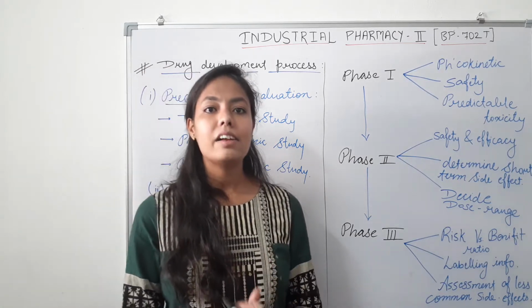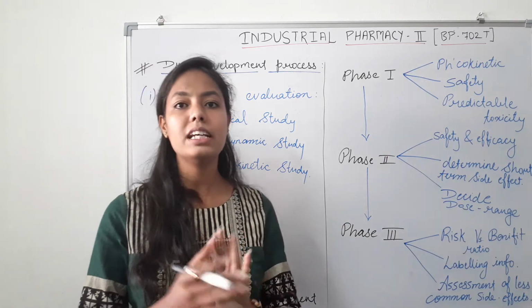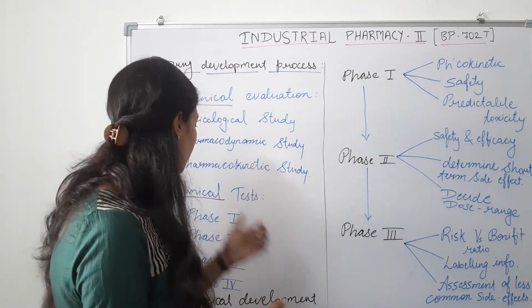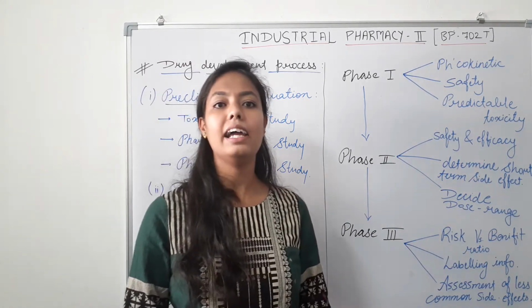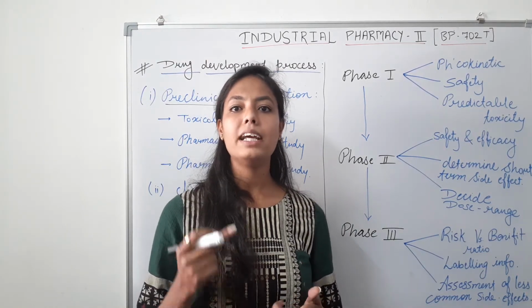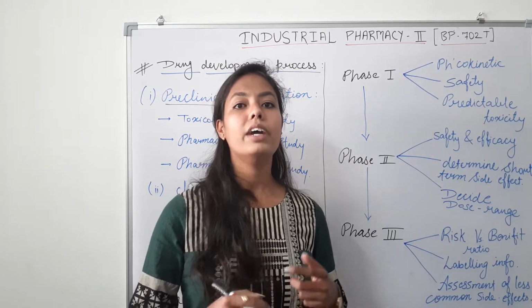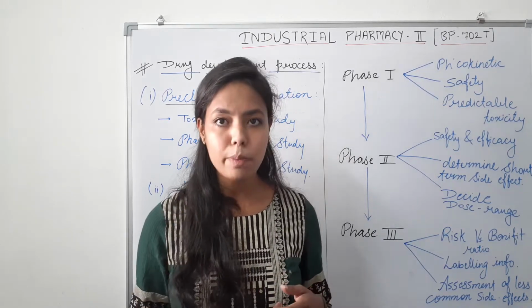So the clinical trial consists of 4 phases, each with a specific objective. If we talk about the phase 1 clinical trial, it is conducted in a small number of healthy volunteers, except in specific conditions like testing of an anti-cancer drug where significant toxicity is expected.